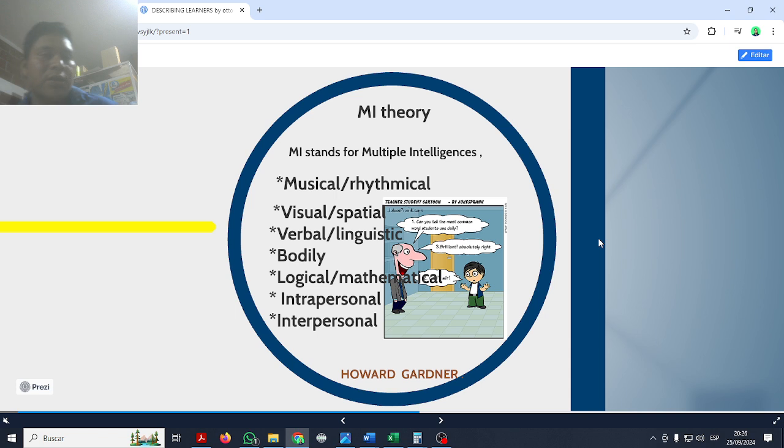Some students have the capacity to talk in 4, 5, or more languages. There are also bodily, logical, mathematical, intrapersonal, interpersonal, and, according to Gardner, we have 8 or 9 multiple intelligences, but some people have more capacity in another area.